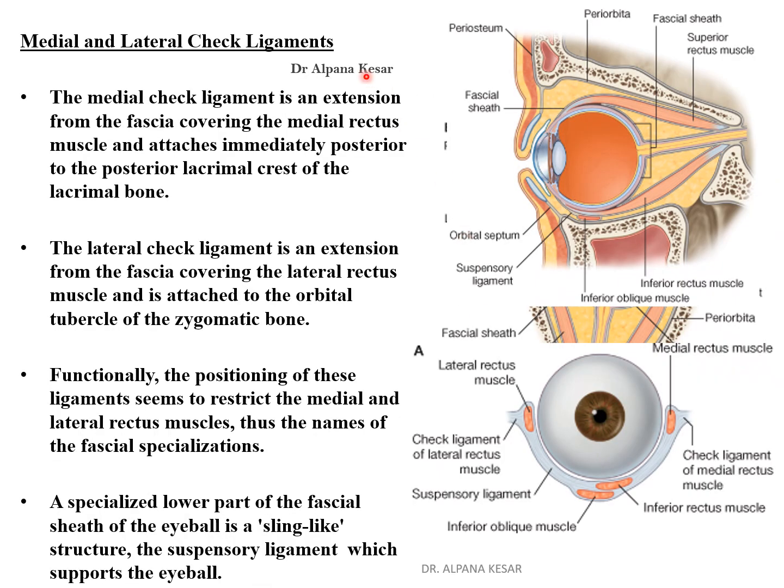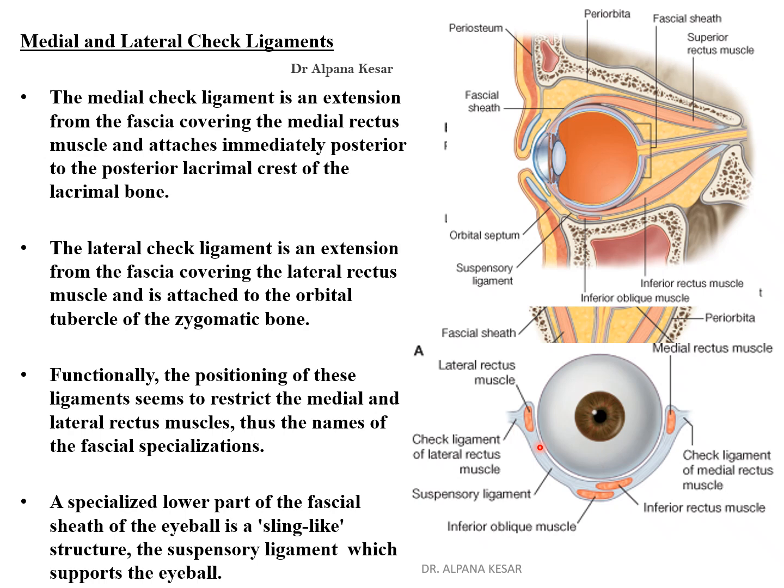Medial and lateral check ligaments. This is the medial check ligament and this is the lateral check ligament. Medial check ligament is an extension of the fascia covering the medial rectus muscle that is attached immediately posterior to the posterior lacrimal crest of the lacrimal bone.